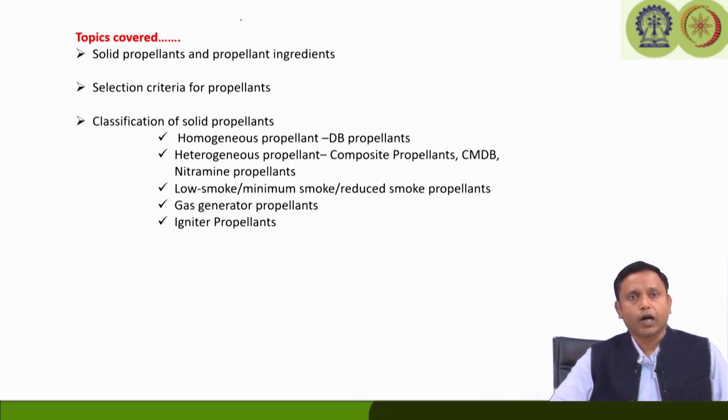We also talked about the other categories of propellant like gas generator propellants. In the case of gas generator propellants, the main motive is not to produce thrust, rather the motivation is to provide moderate temperature gas.